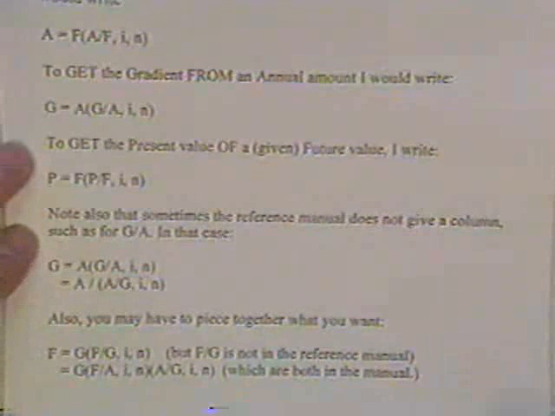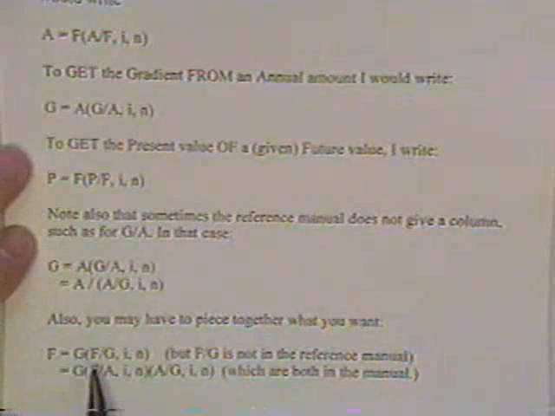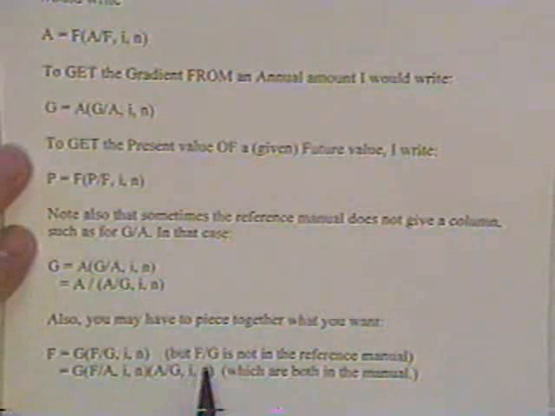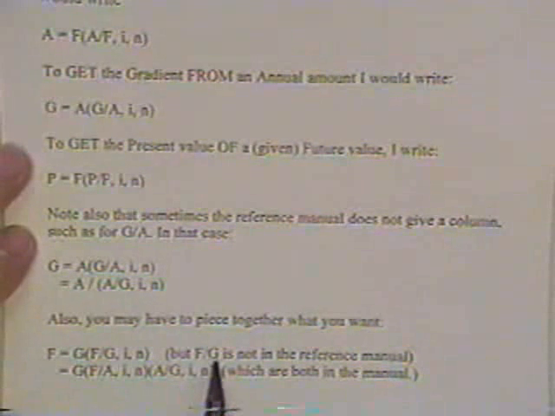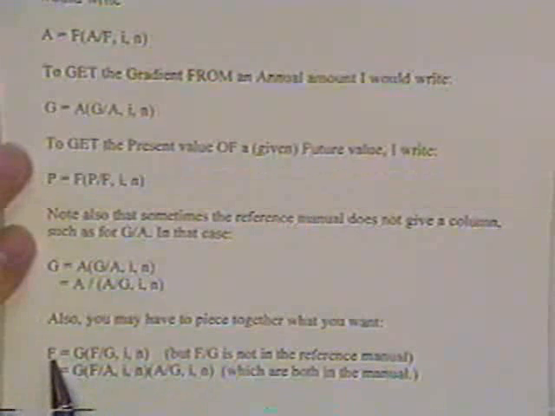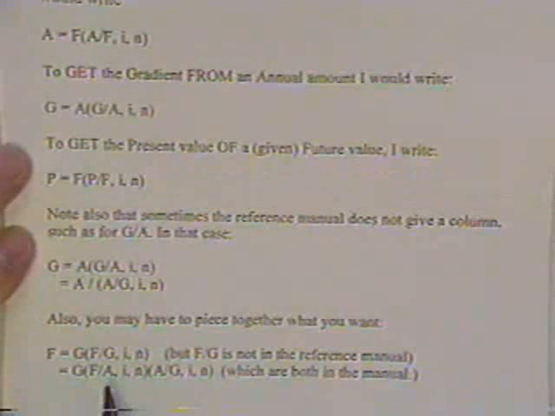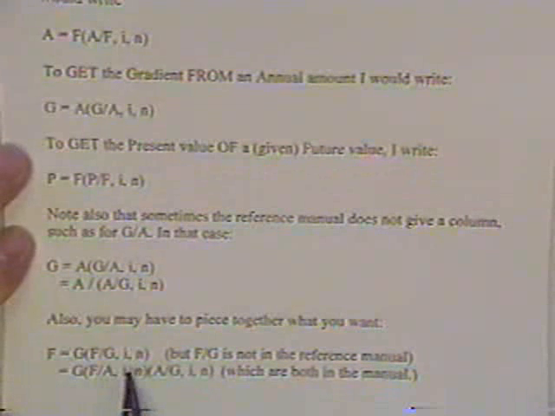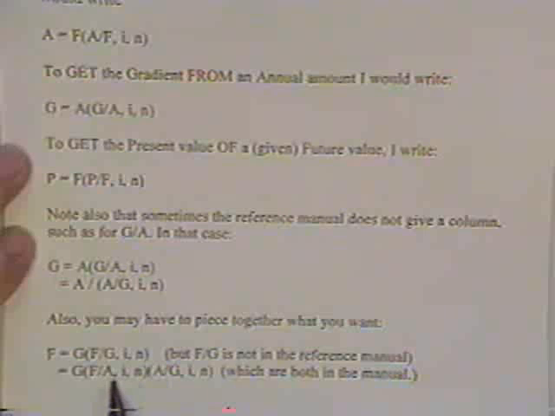Also, sometimes you may find that something else is not given in the reference manual, perhaps F over G, and G over F also may not be given. In this case, someone has asked you to take a gradient and change it into a future value. If you are not given F over G and you're not given G over F also, dig around a little bit and see if you can't put one together.